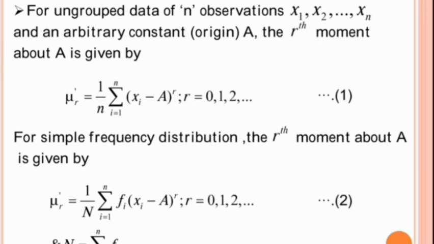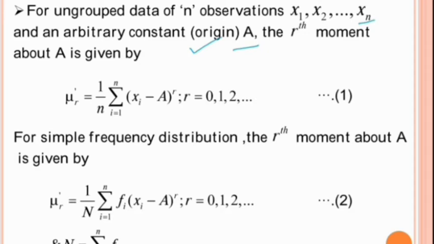Now first let us see what is moment. For ungrouped data of n observations, x1, x2 up to xn, these are the n observations given to us, and an arbitrary constant capital A, which here in bracket is written as at origin.